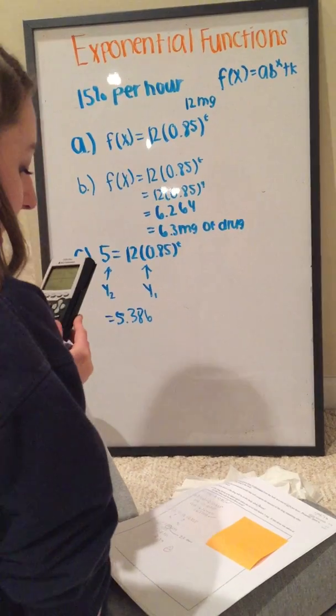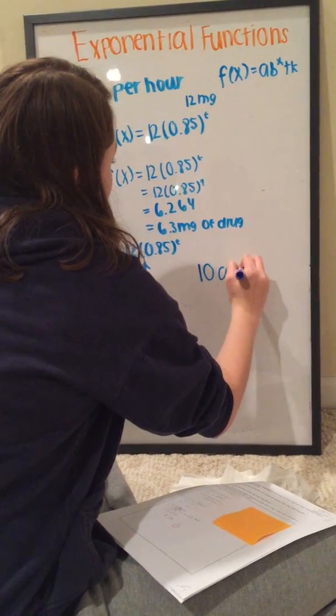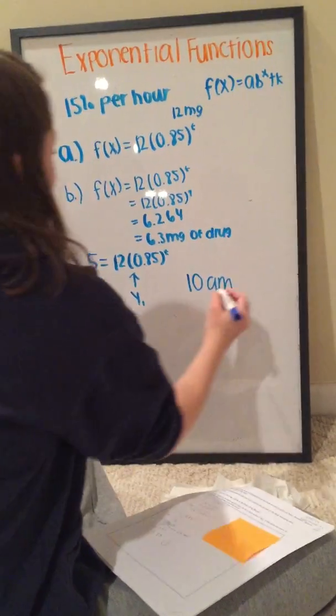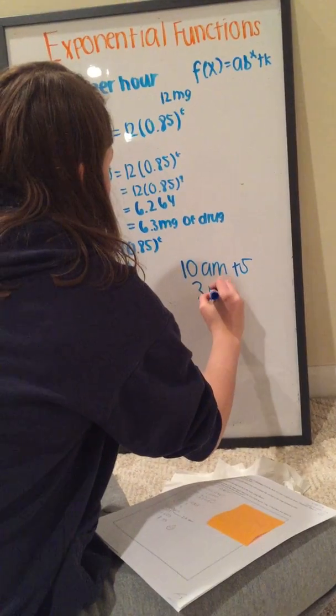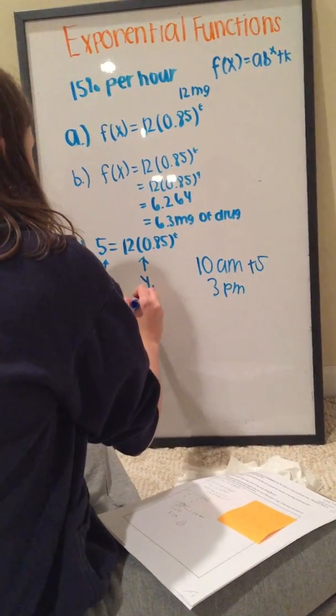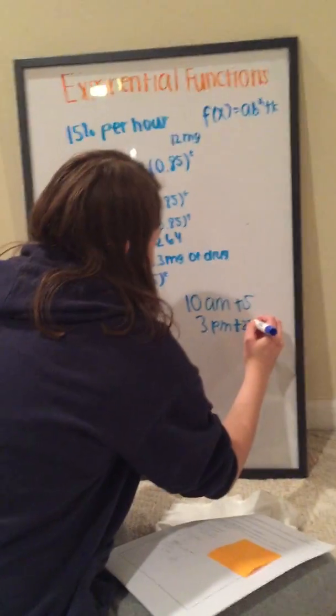But we want to find the time, so it started at 10 a.m. and then we want to add 5 hours to that, which would be 3 p.m. And then this number right here is equal to 23 minutes.